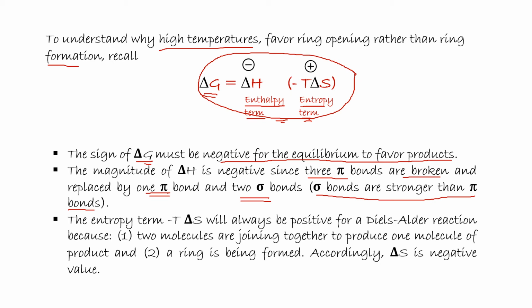We have 3 pi, we ended up with 1 pi and 2 sigma, and sigma is stronger. So this means that this reaction is an exothermic reaction. Delta H, the enthalpy term, will be negative.